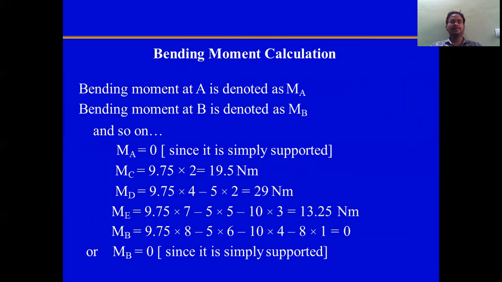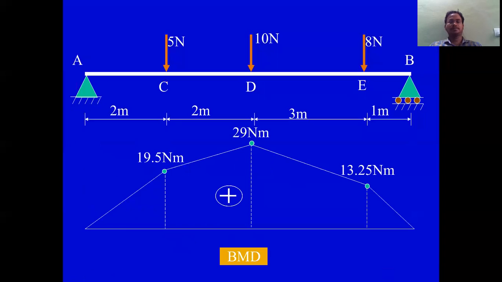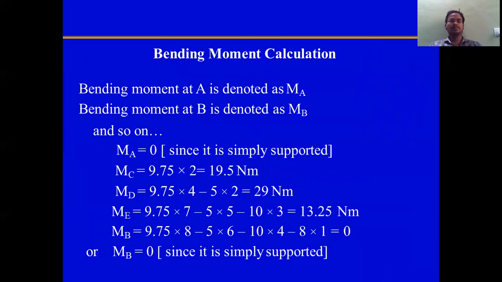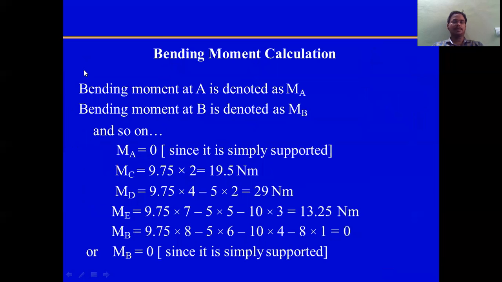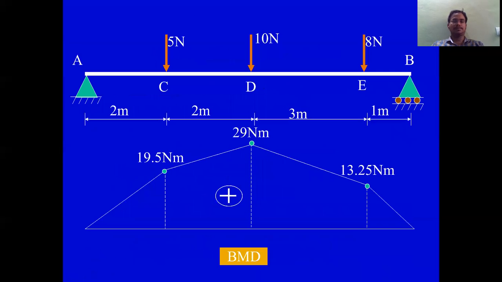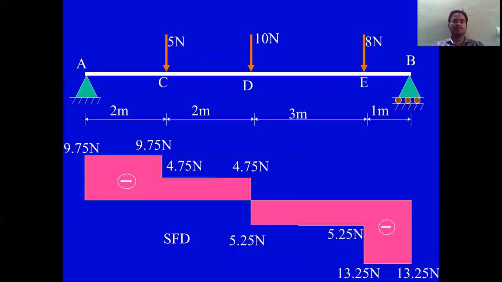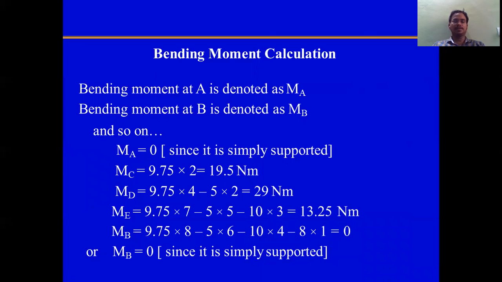Next, bending moment. Bending moment at A is denoted as MA. Bending moment at B is denoted as MB, and so on. MA is 0. See here, just remember this figure. At A, moment is 0. But during the first section, at C, it is 9.75 into 2.